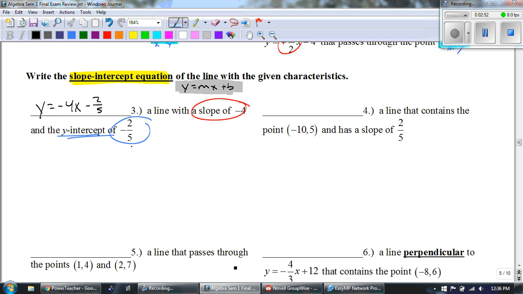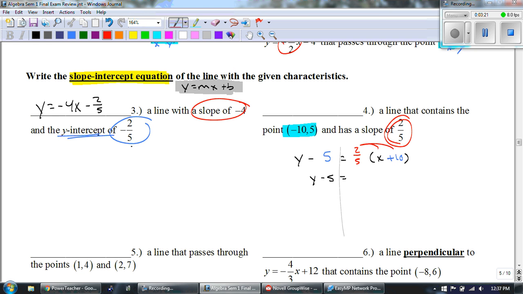Okay, so for a line that contains the point and the slope, now I have to go into point slope and solve. So we have 2/5. There's my y. There's my 10. Y minus 5 equals, I forgot to draw my line.